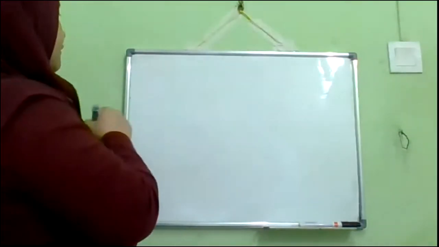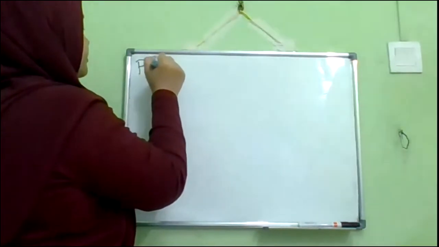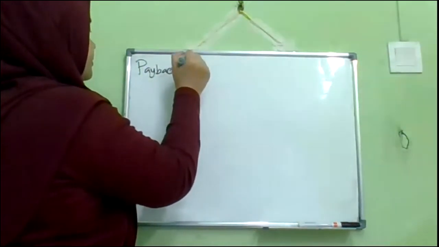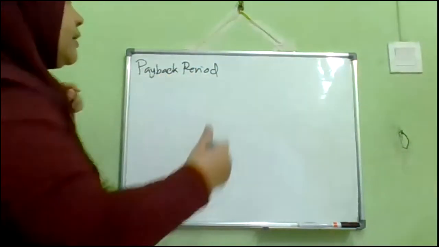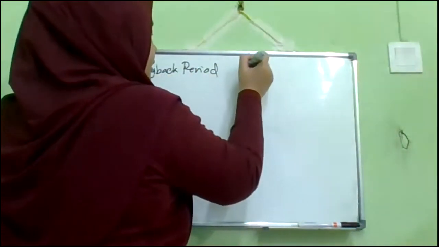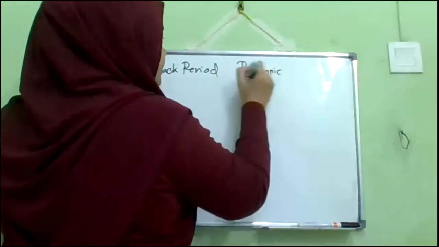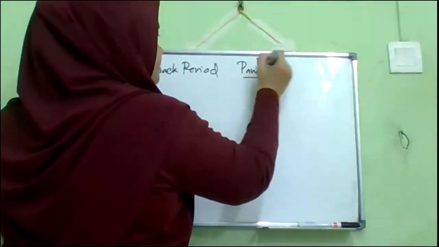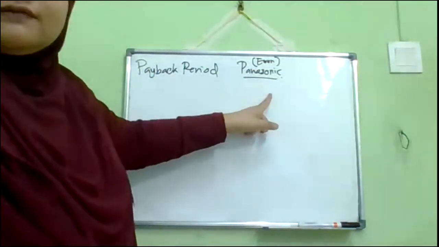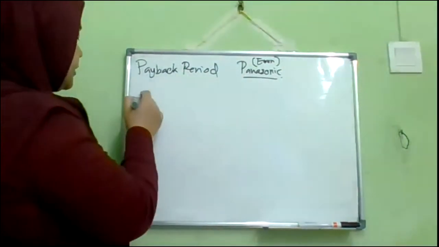So let us do the first one, payback period. Okay, so how to calculate payback period for Panasonic? Panasonic is even cash flow. So how to calculate payback period for Panasonic?